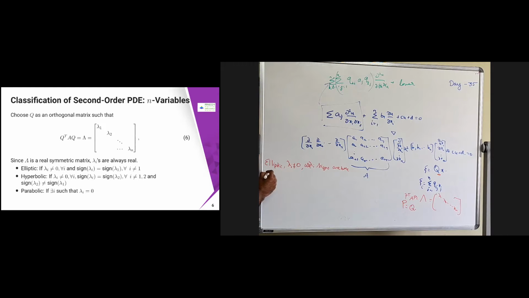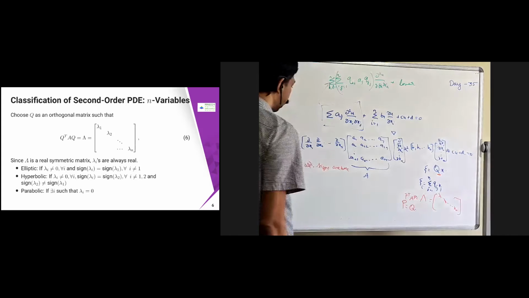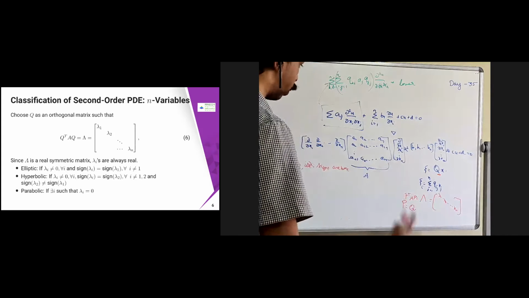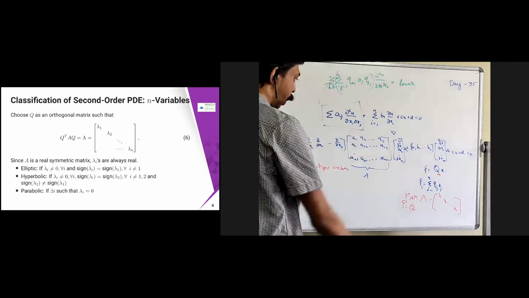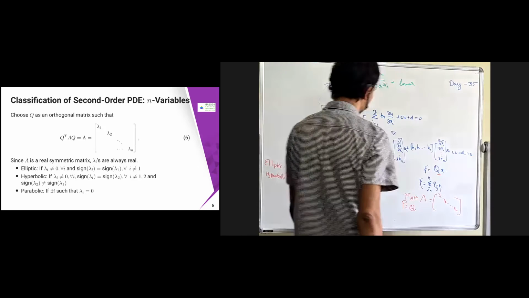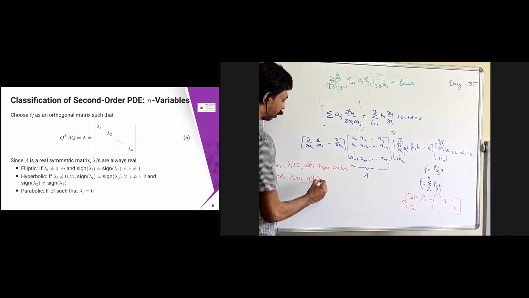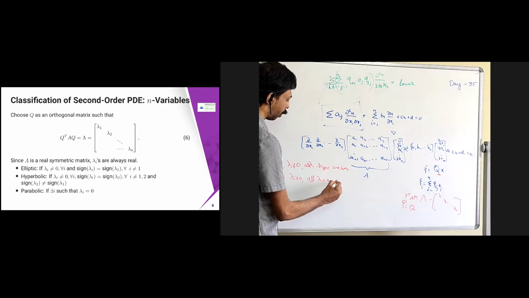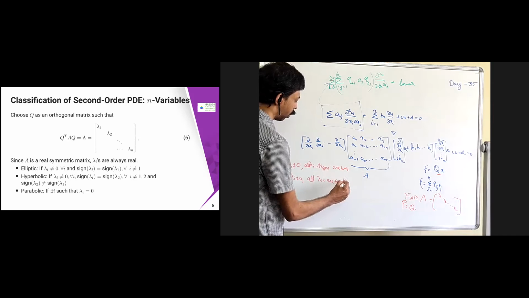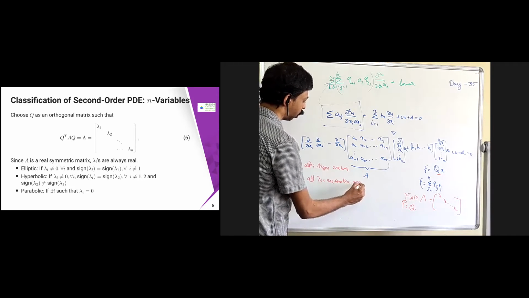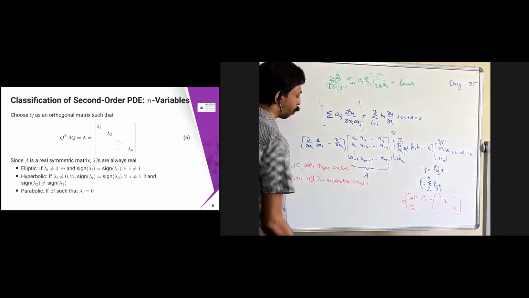Second case, hyperbolic. Here all lambda i's are not equal to 0, and all lambda i's have the same sign except one. Anywhere it can be there; I'm just giving the first one as an example. That one will be the opposite.